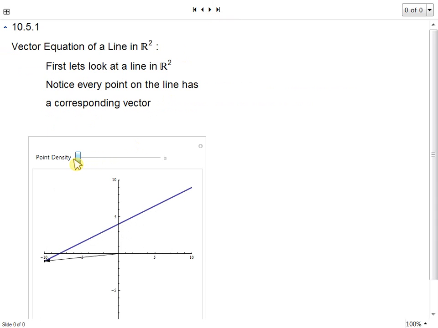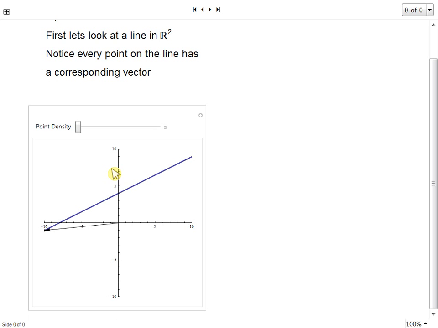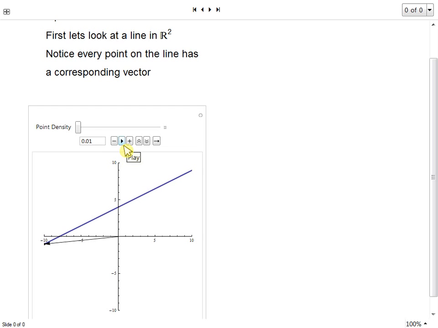So what I want you to see first is that if I have a line, every point on that line has a corresponding vector that goes from the origin to that point, right? Do you agree?